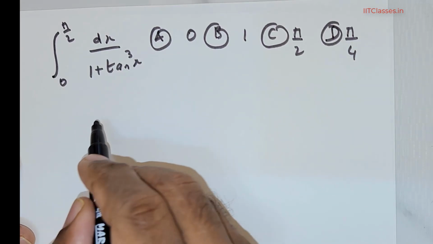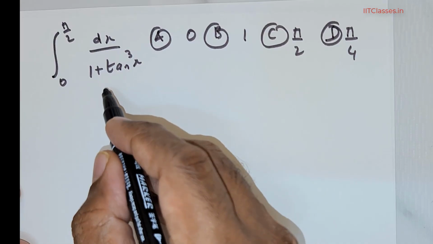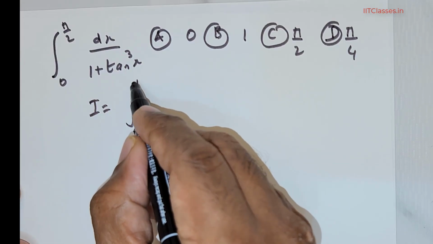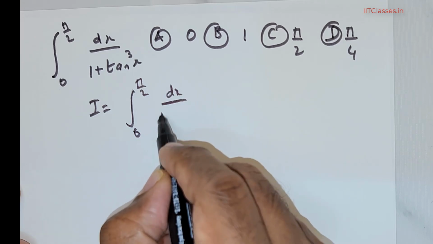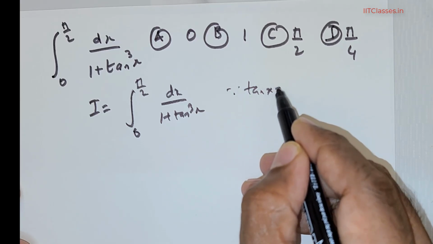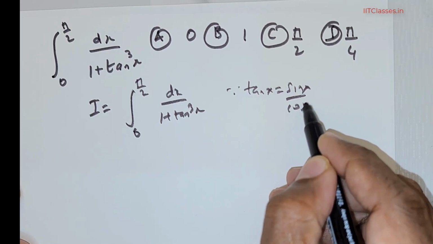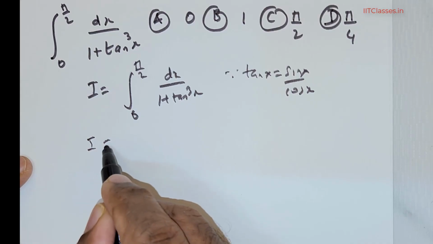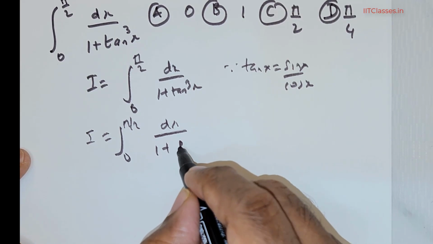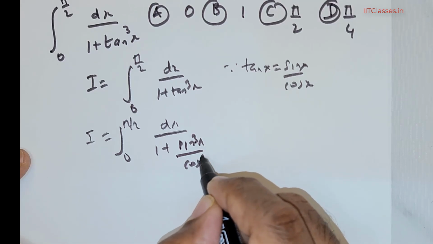So I hope you all have got the solution. Let me start off by taking I to be the integral from 0 to pi over 2 of dx over 1 plus tan cubed x. But we know that tan x is sin x over cos x. So I is equal to the integral from 0 to pi over 2 of dx over 1 plus sin cubed x over cos cubed x.